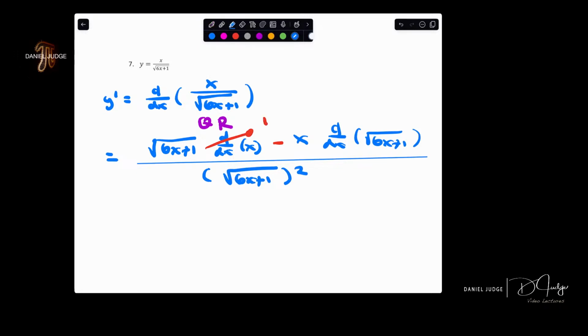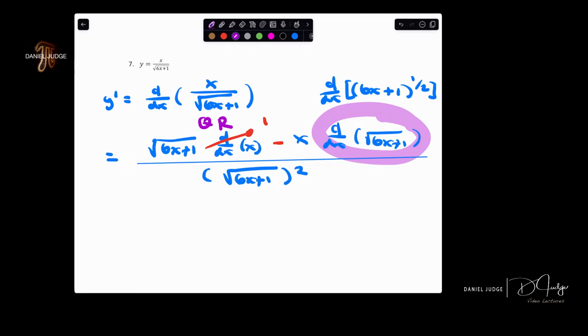Now, this derivative, again, if you want to dive into those details like we did the last time, what you really have is the derivative of 6x plus 1 to the 1/2 power there.